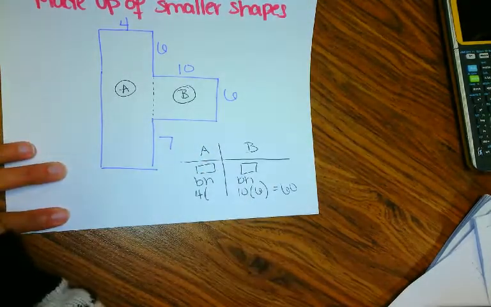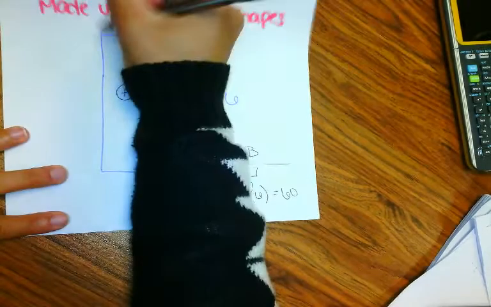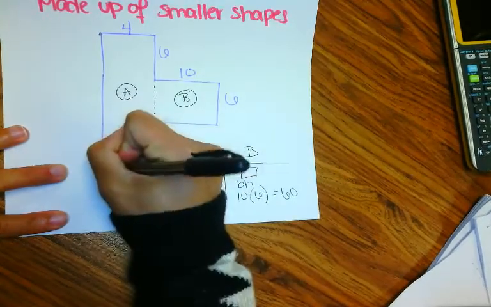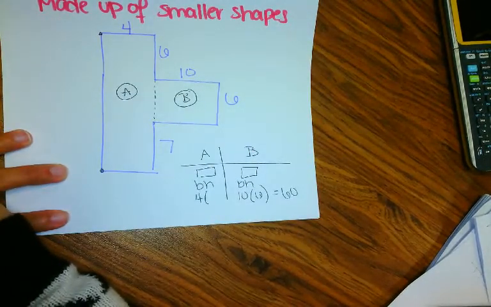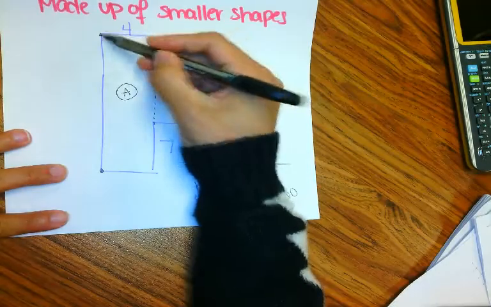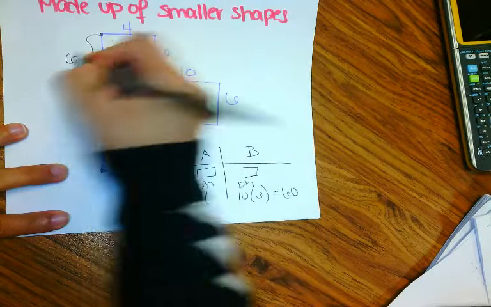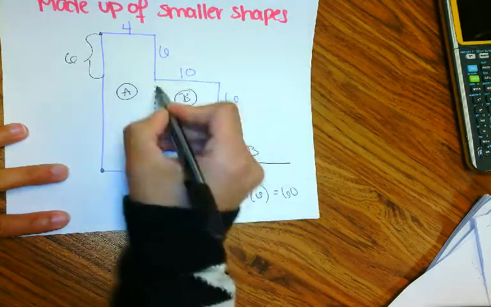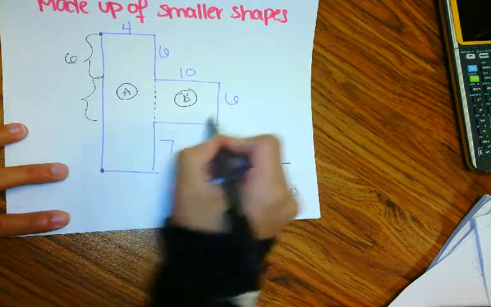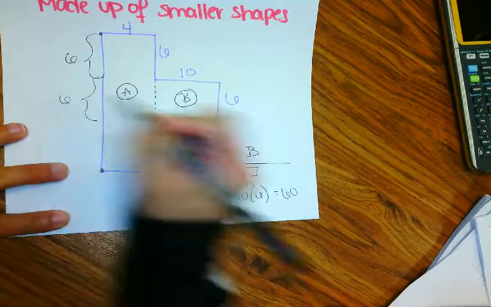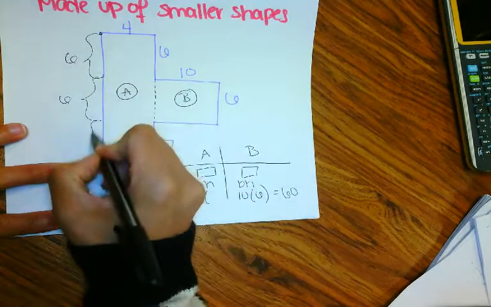Now I have to find the height. A goes from this point to this point, and I need the whole thing. This is the hardest part about composite figures, finding the missing side lengths. From here to here is 6, from here to there is also 6, and from here to here is 7.